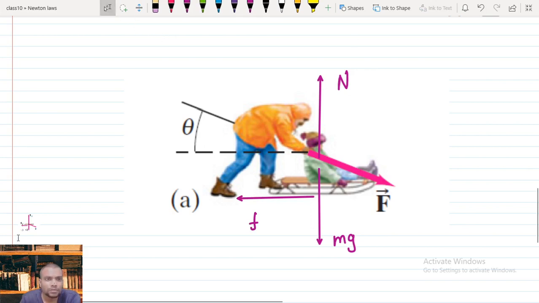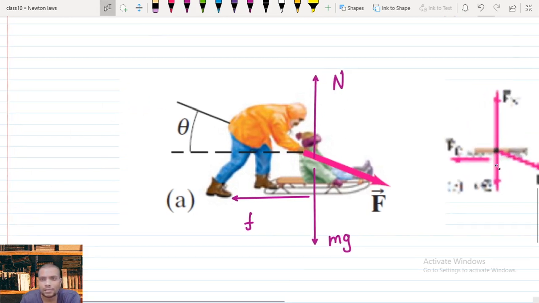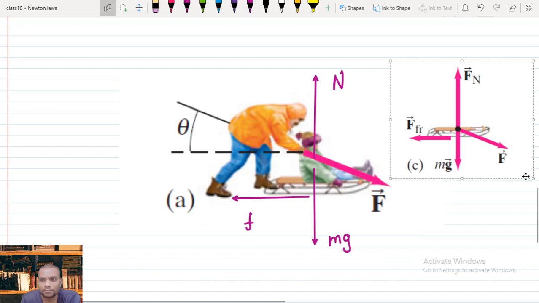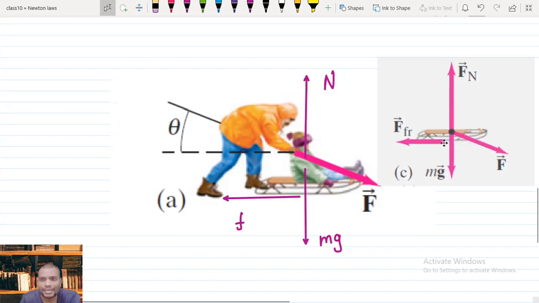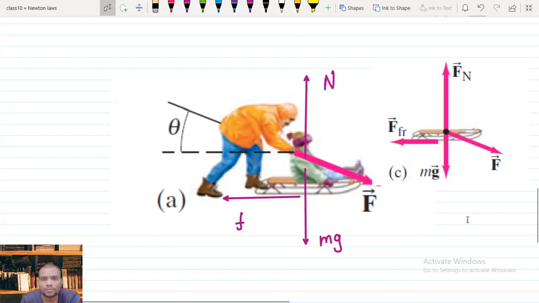Now if I show the free body diagram for this case, this is the free body diagram for the object which is on the sledge. That object we consider as a point object. Keep that point in mind: the object on which we are going to find the forces, we should consider as a point object.